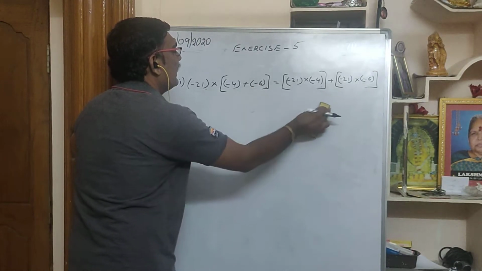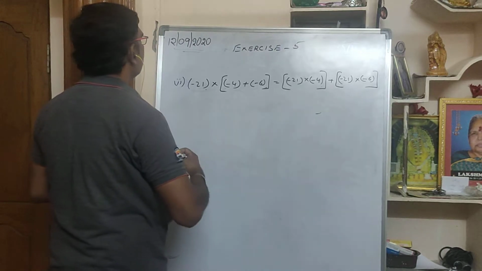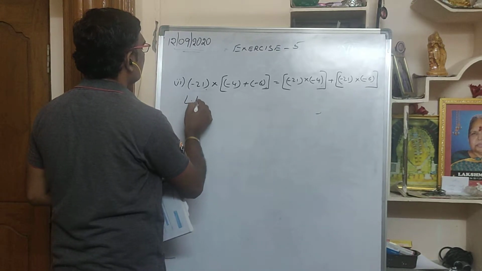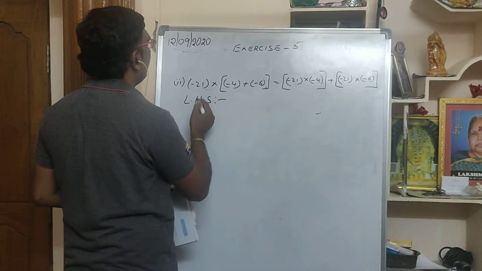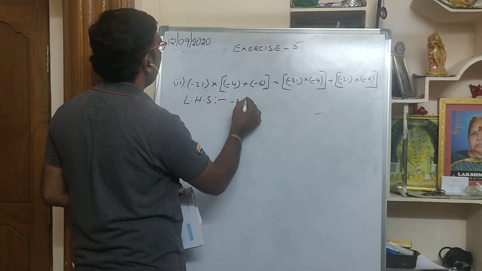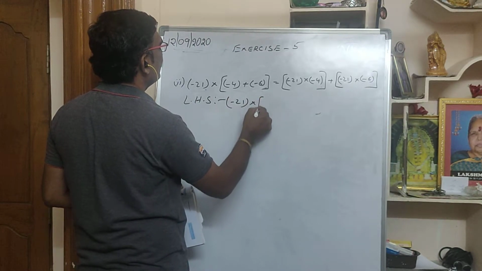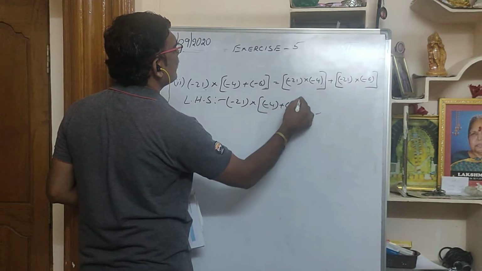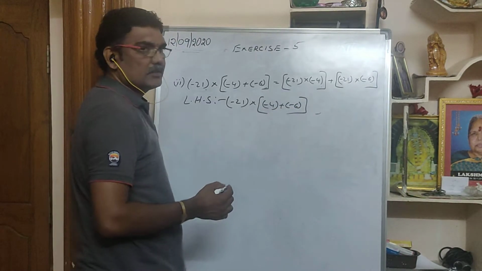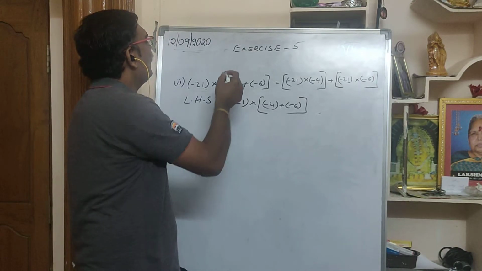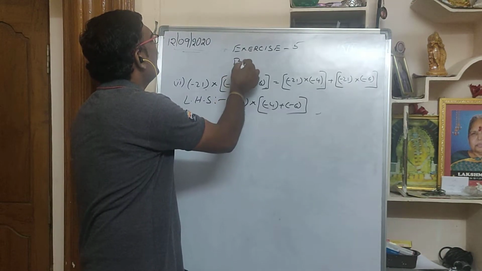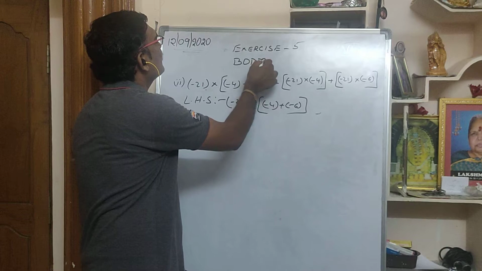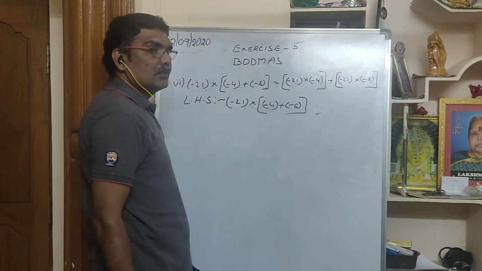So I'll take only the LHS here. What is that? Minus 21 into minus 4 plus minus 6. Now, always in simplification we have to remember a rule called BODMAS.